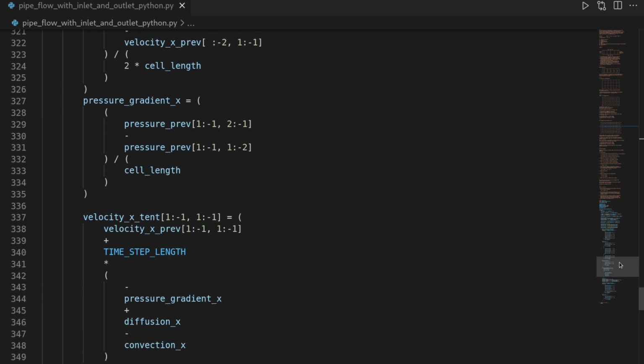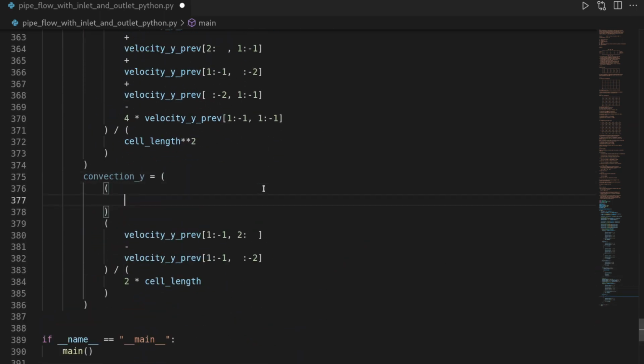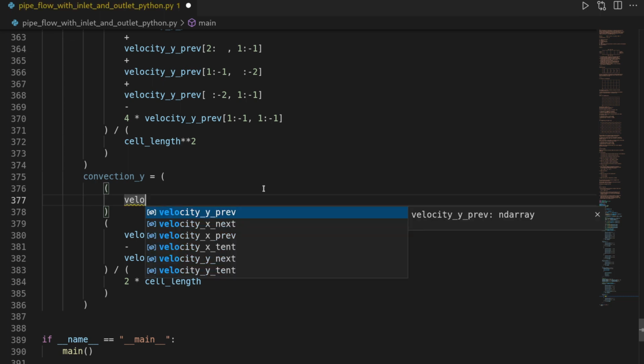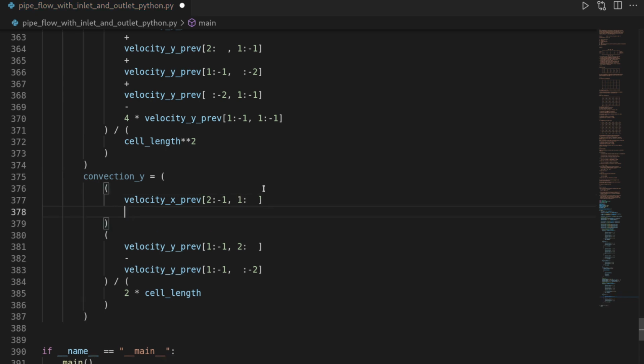So the pattern we will get here is, let me go to the convection. So we have a prefactor based on velocity x previous accessed from 2 to -1 in x direction, and then from the start all the way to the end in x direction.